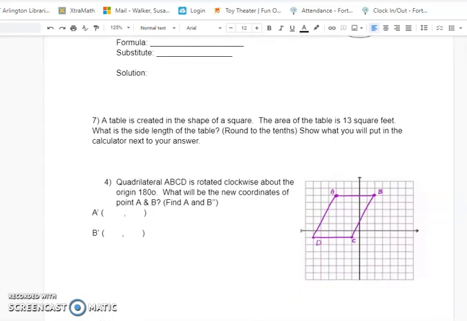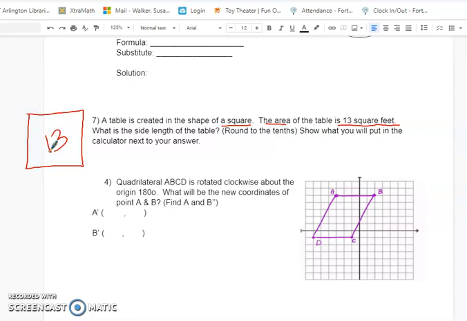A table is created in the shape of a square. The area of the table is 13 square feet. What is the side length of the table? Okay, round to the tenths. So remember, we have a square table that's 13 square feet.